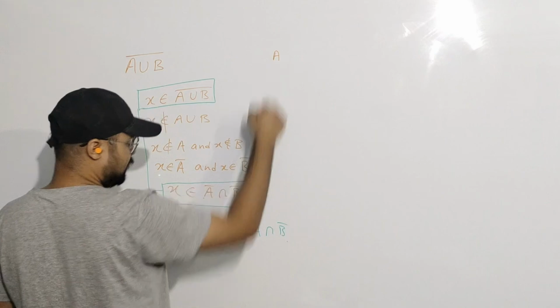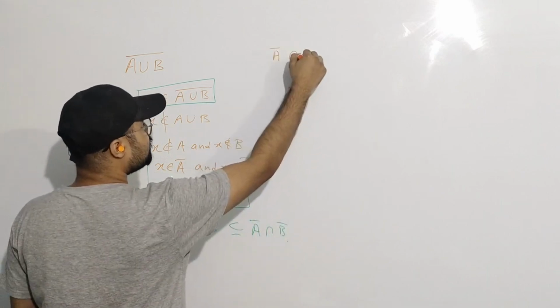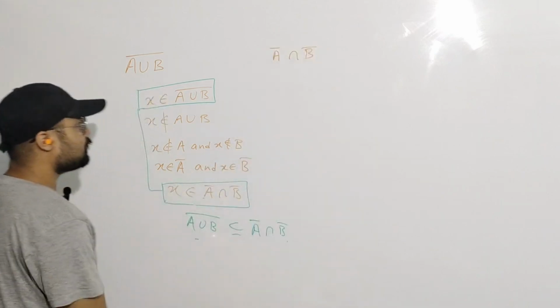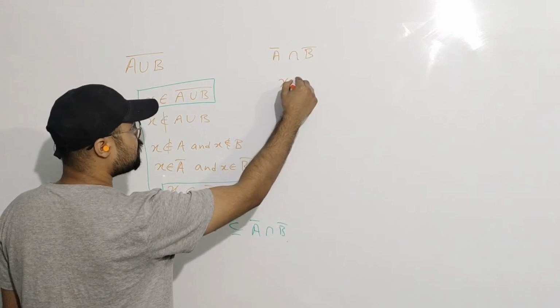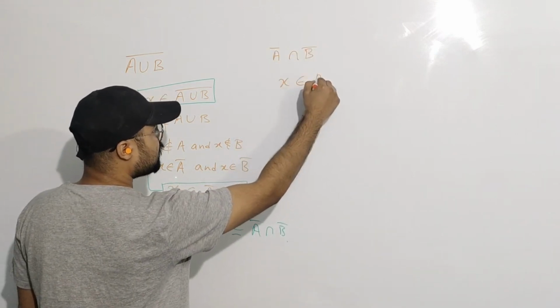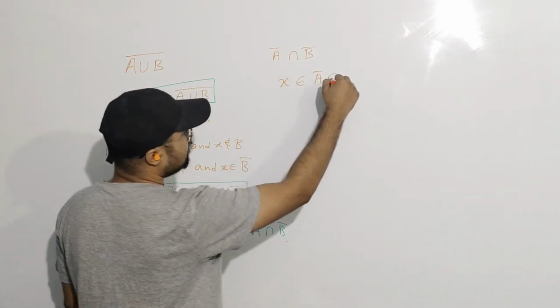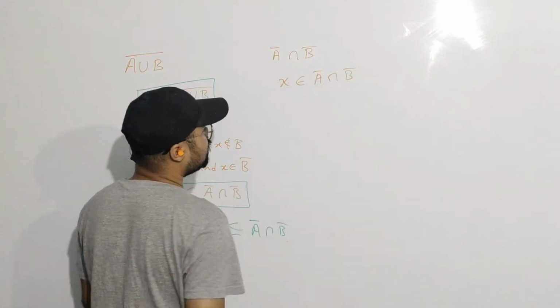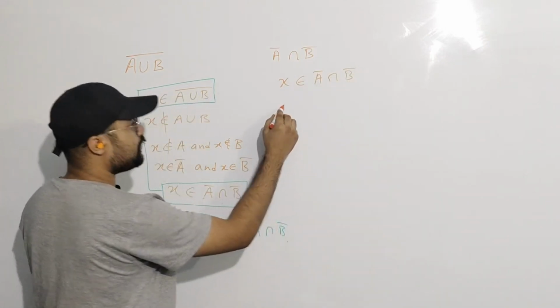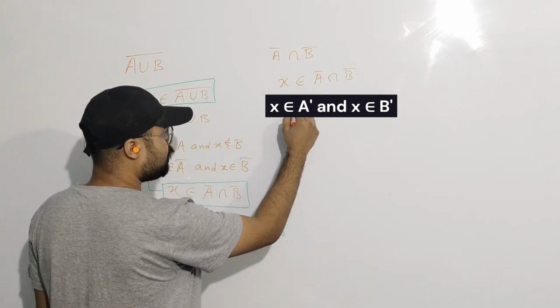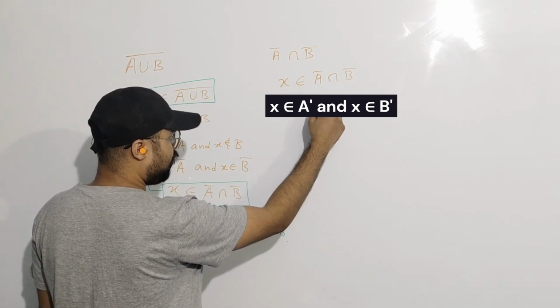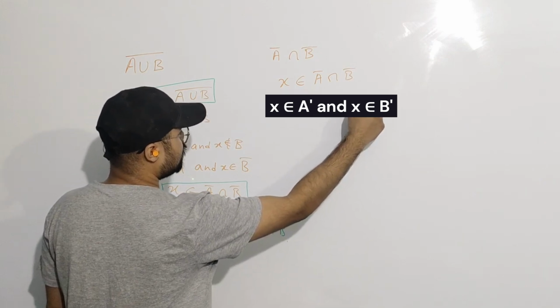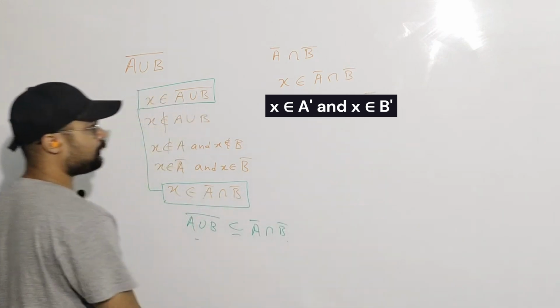So let's take A complement intersection B complement, then X belongs to A complement intersection B complement. This means that X belongs to A complement and X belongs to B complement.